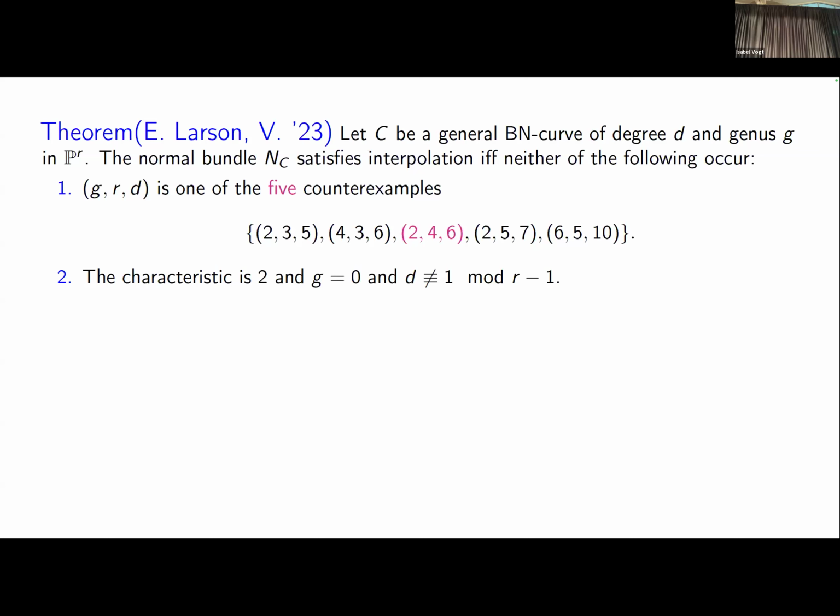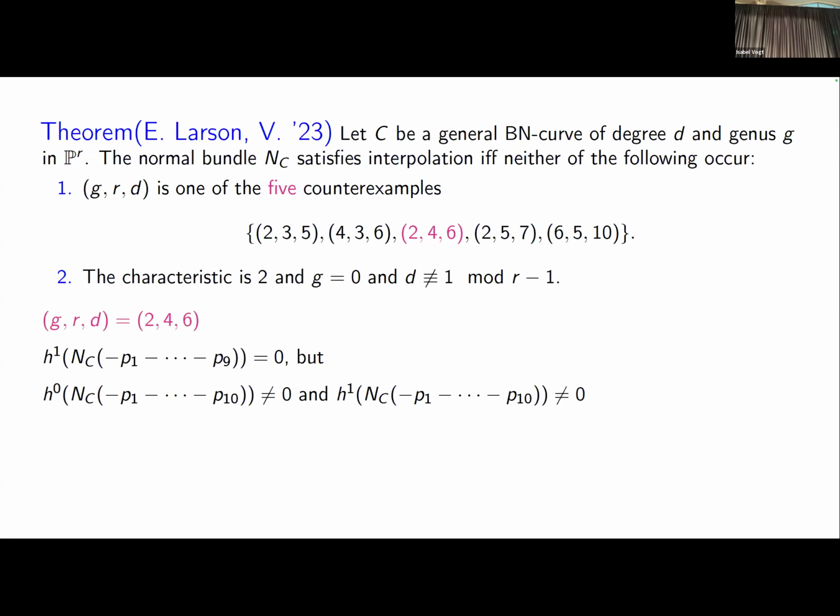There's this sort of family of genus 2 curves in r-dimensional space of degree r plus 2. I've snuck in for you the one in P4 in between the previous one in P3 and the one in P5. So what's going on there? Well, in this case, the optimist conjecture predicts that such curves should interpolate 9 general points.